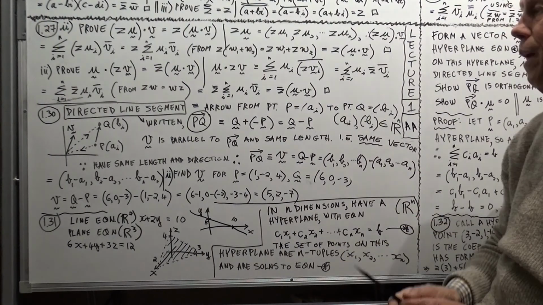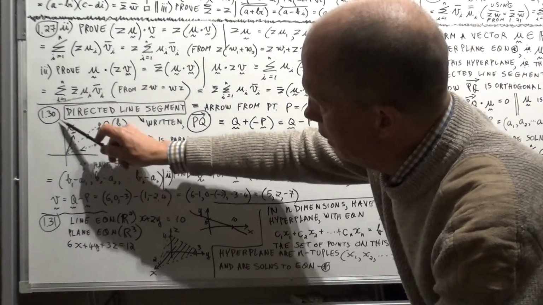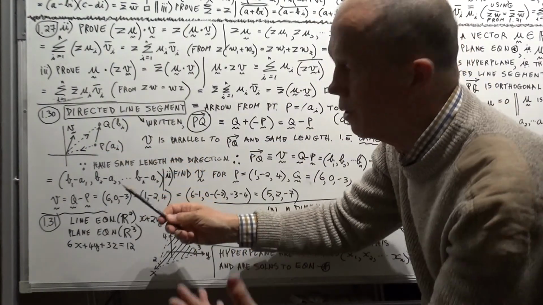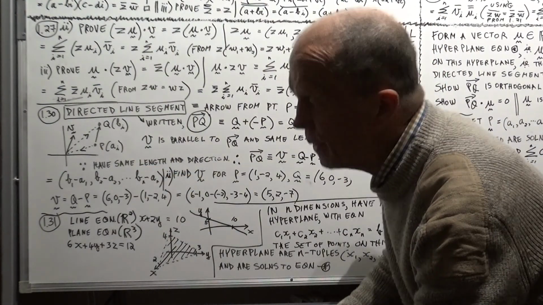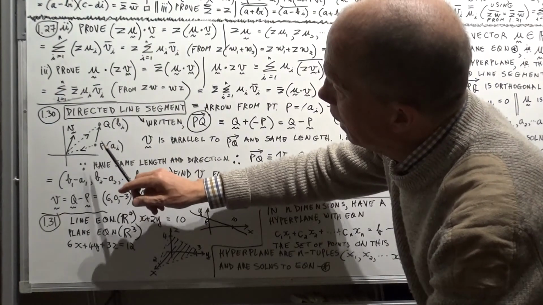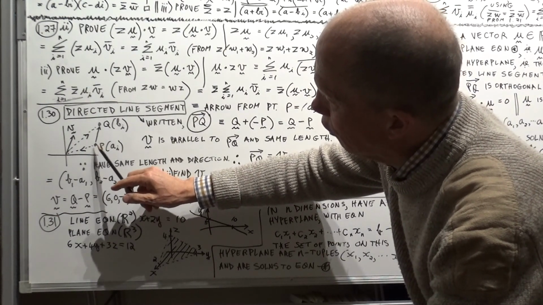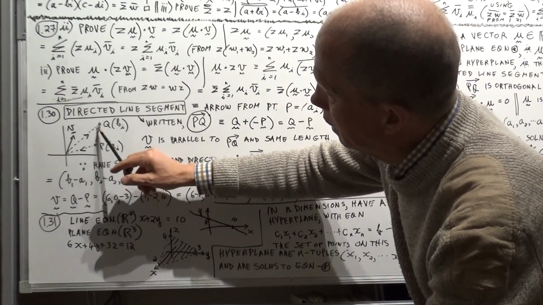All right. Now here I've just made it simple in 2 dimensions, but it's the same concept. You could have this point P in n-dimensional space, and similarly for Q, and the straight line from P to Q, that's your directed line segment here.